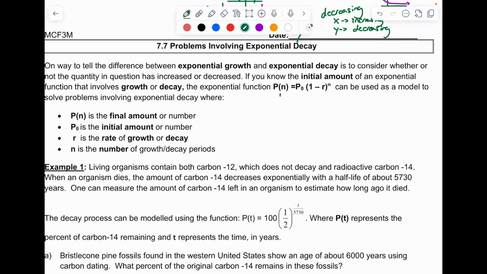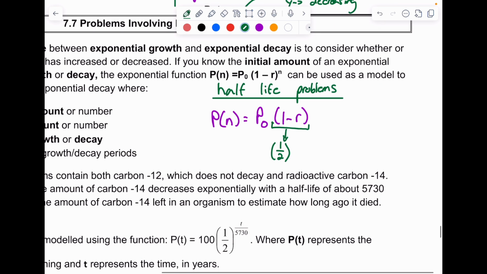Now there's one other variable. When you deal with half-life problems, which are super common in this, I'm just going to expand on that formula just a bit. So let's copy it down as you see it. P of n is P of naught times 1 minus R, but specifically in half-life problems, this 1 minus R has a value of half, because you're taking half of whatever your initial amount is. It is still being put to the power of n.